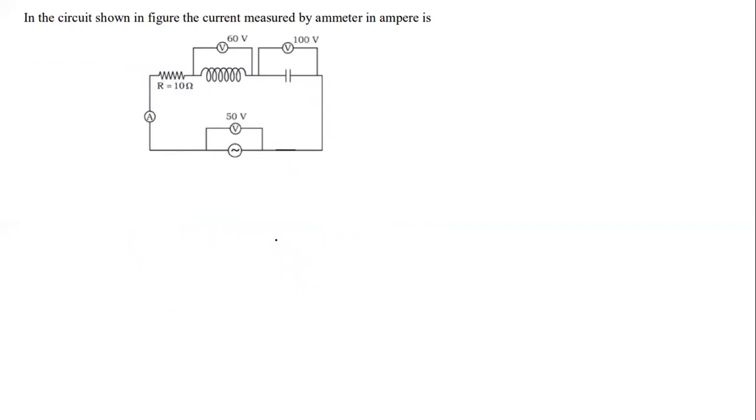In the circuit shown in the figure, the current measured by the ammeter. So first, the ammeter reads the total current in this. Whatever current passes through the resistor, the same passes through this. So we need to find the potential drop across VR. So total potential V is equal to the square root of VR square plus VL minus VC square.